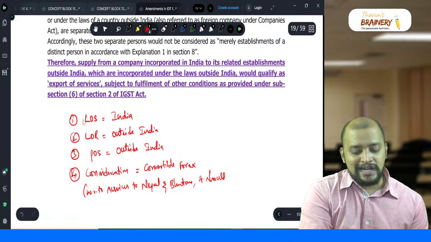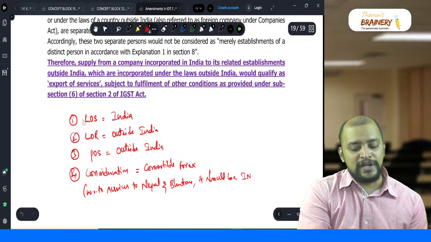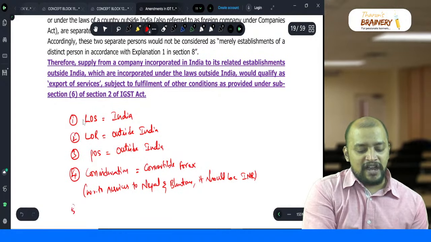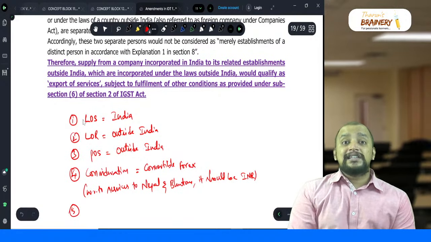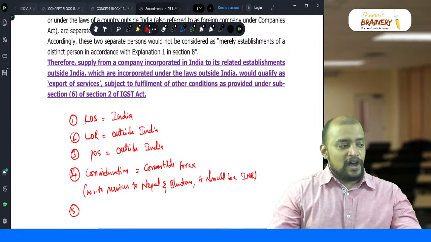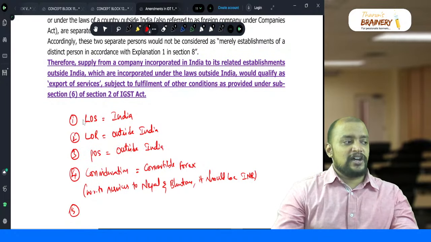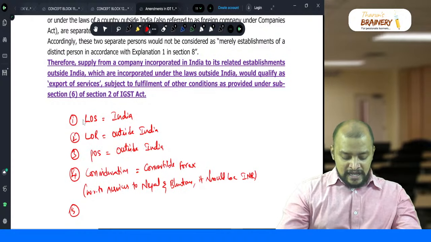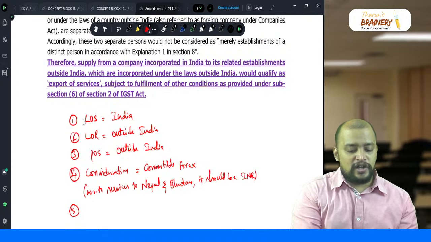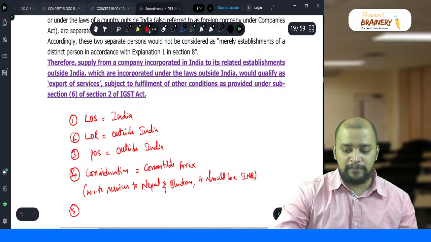It should be INR. Okay. Then number 5. What is the 5th condition? Supplier and recipient are not two establishments of the same person.